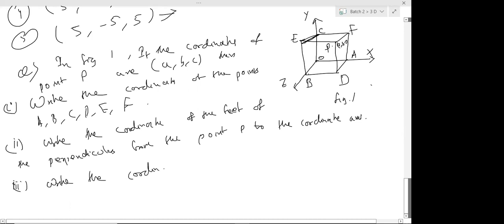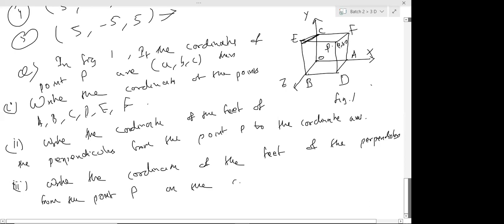Write the coordinates of the foot of the perpendicular from the point P on the coordinate planes xy, yz, and zx.